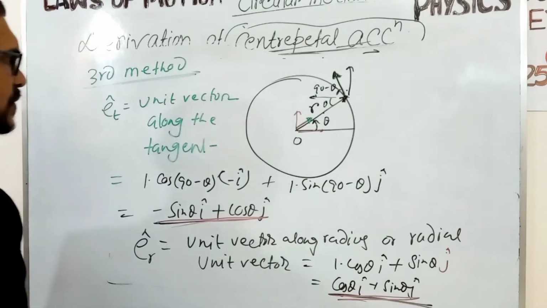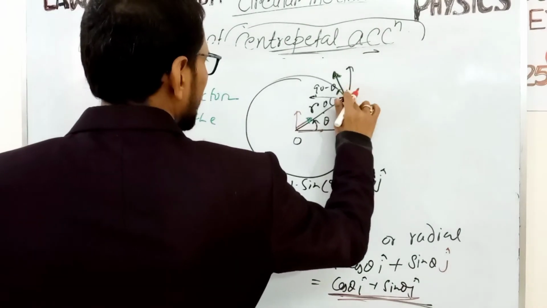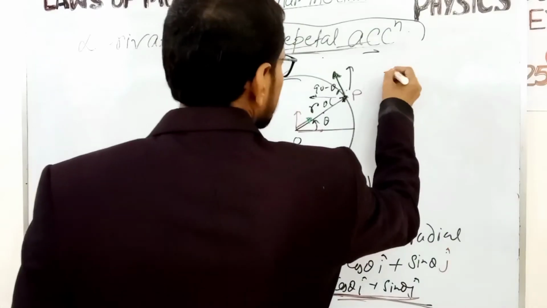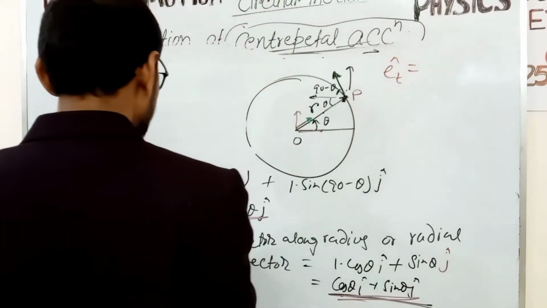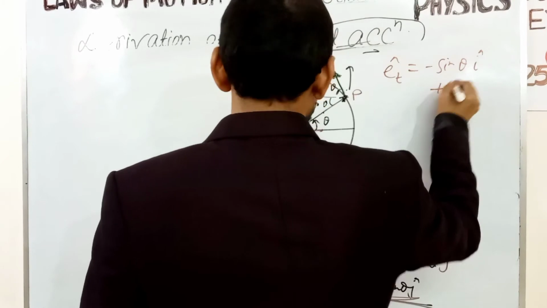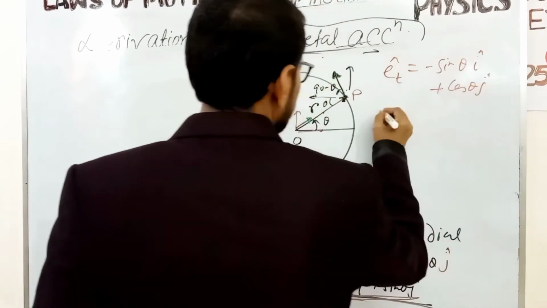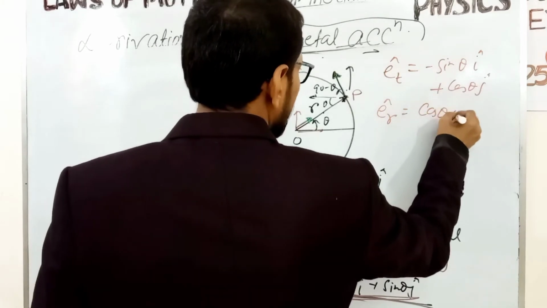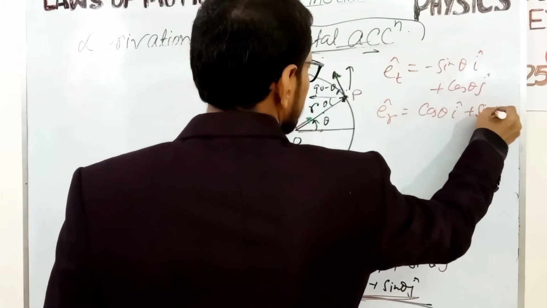So now if suppose P is the point, what is the OP vector? et equals minus sin theta i plus cos theta j, and er, the radial unit vector, is cos theta i plus sin theta j.